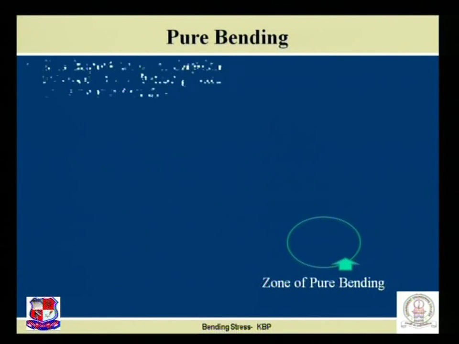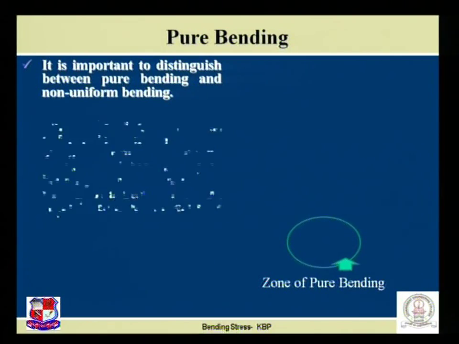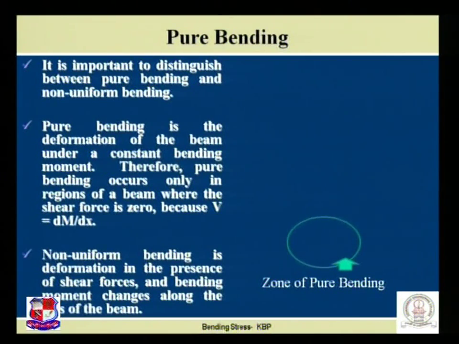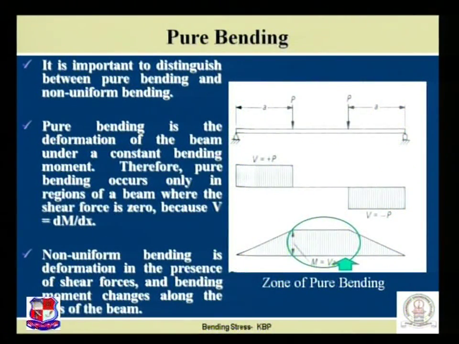So, the question may arise, what is pure bending? Let us understand this concept. It is important to distinguish between pure bending and non-uniform bending. One term that we have to study is pure bending, the bending which is developed because of bending moment only.